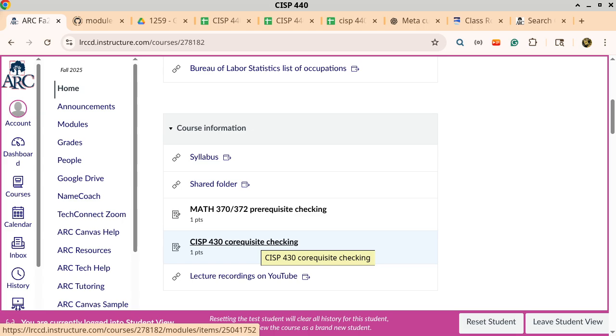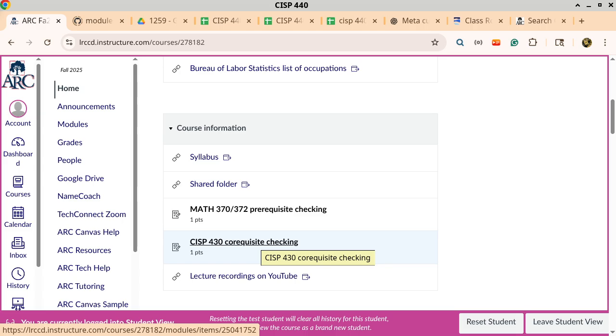Your unofficial transcript would have your grades from all your other classes, which I really do not care about. All I need is to know that you are currently enrolled in CISP 430. You can block out all the irrelevant information if you do not want me to read your grades from other classes, which I don't have time to do anyway. If you want to hide that, it's perfectly okay.